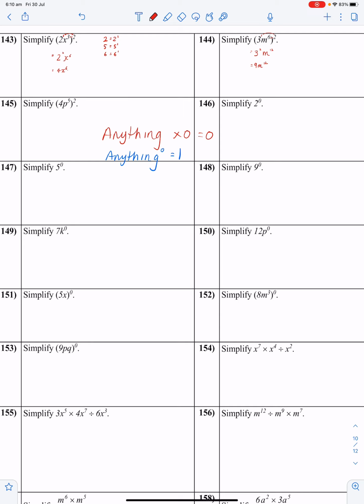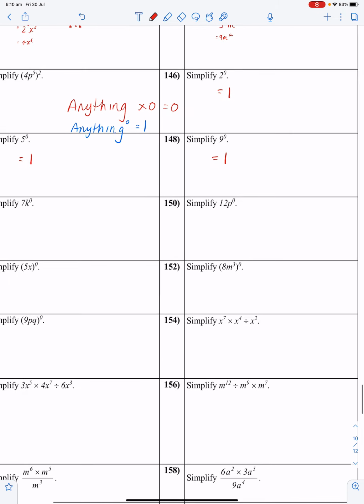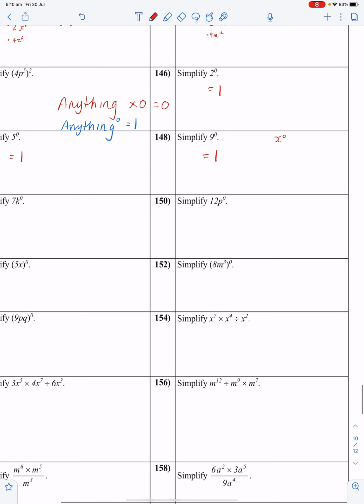For example, in question 146, 2 to the power of 0 is 1. In question 147, 5 to the power of 0 is 1. In question 148, 9 to the power of 0 is 1. Even if I said to you x to the power of 0, it's 1. Y to the power of 0, it's 1. M to the power of 0, it's 1.